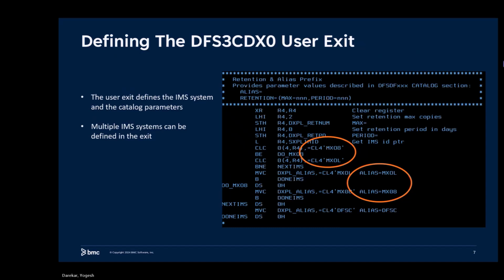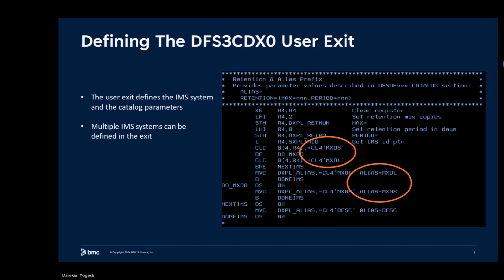And there's another thing we can do to let our utilities know, because the main change with our utilities is the way we identify whether there are managed ACBs or not. And one way you can do that is by creating a catalog exit, in this case DFS3CDX0.